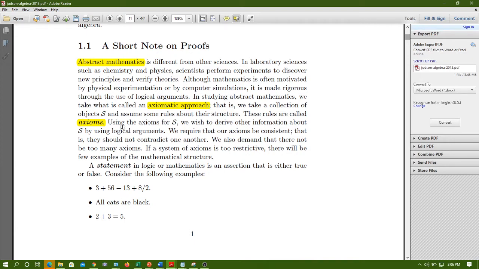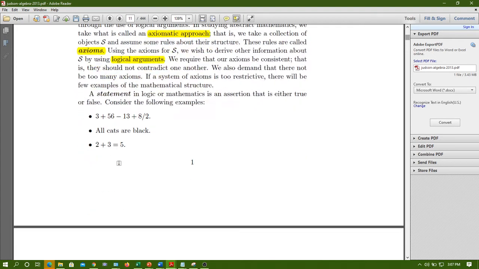Using the axioms for S, we wish to derive other information about S by using logical arguments. We require that our axioms be consistent, that is, they should not contradict one another. We also demand that there not be too many axioms. If a system of axioms is too restrictive, there will be few examples of the mathematical structure.